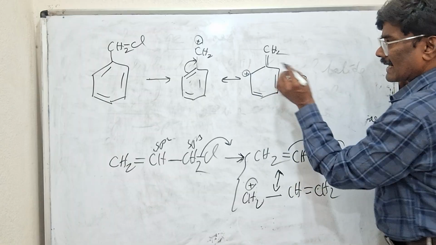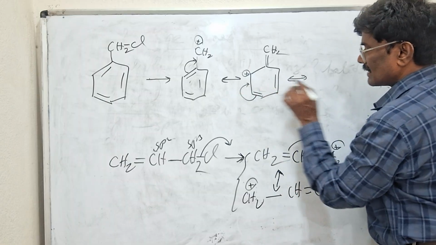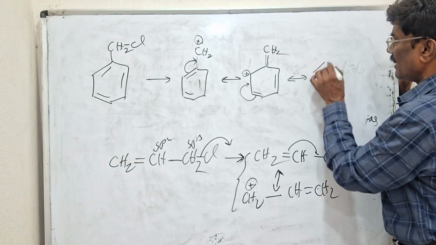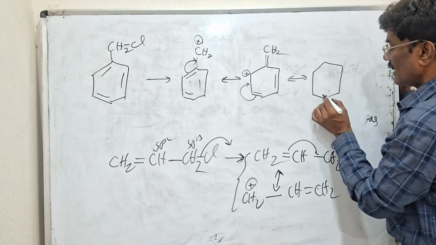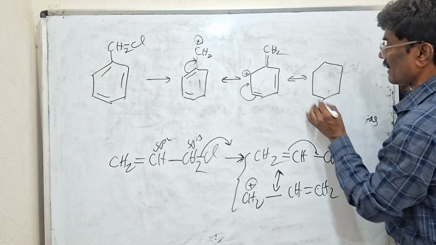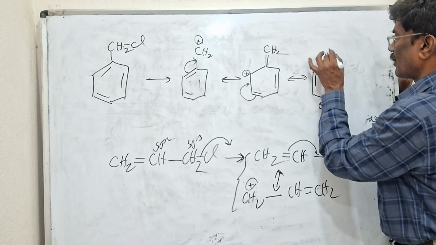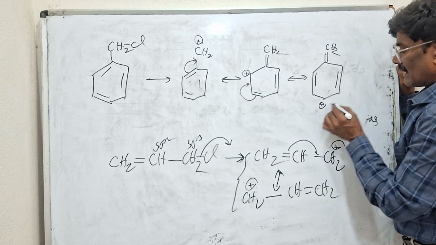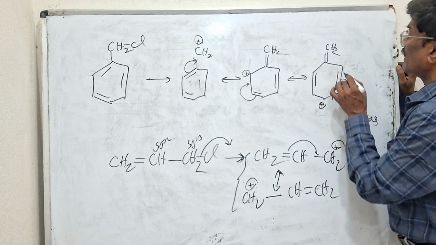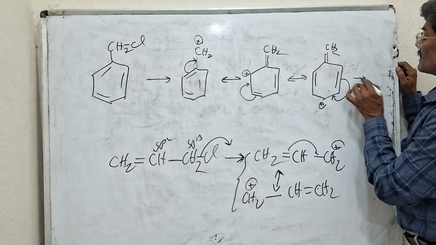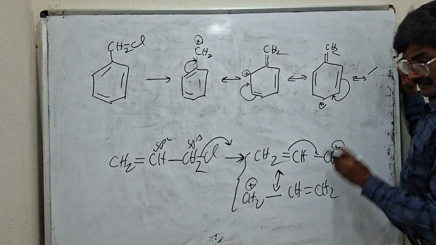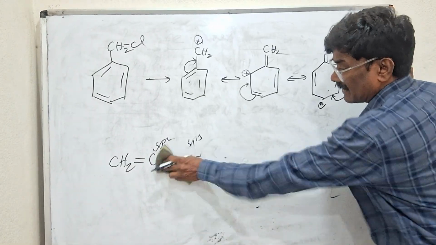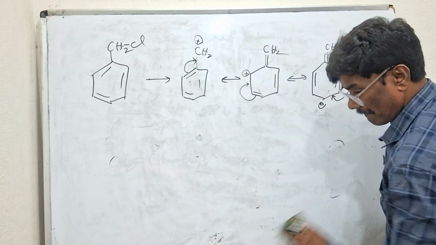Now second, these pi electrons come to this as a resonance. Then we get another resonance structure like this. The positive charge comes here, here a double bond, here a double bond only on CH2, and the other double bond here. Then these pi electrons come to this, and the positive charge comes here.